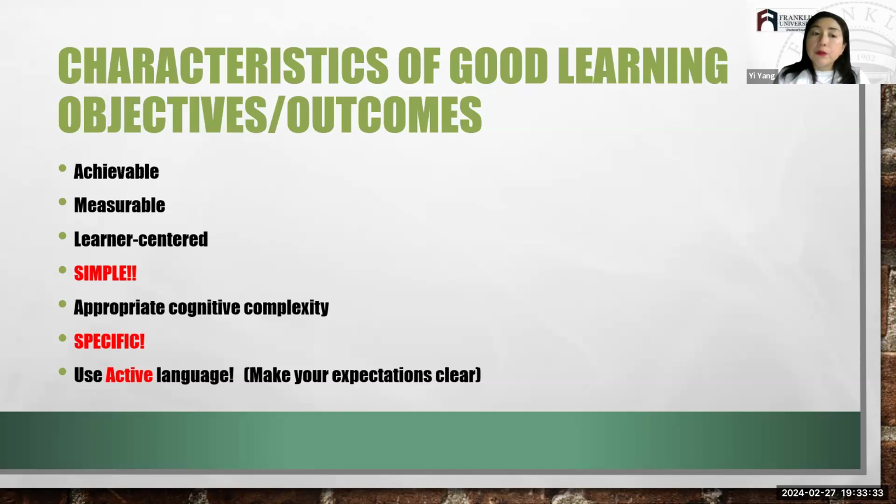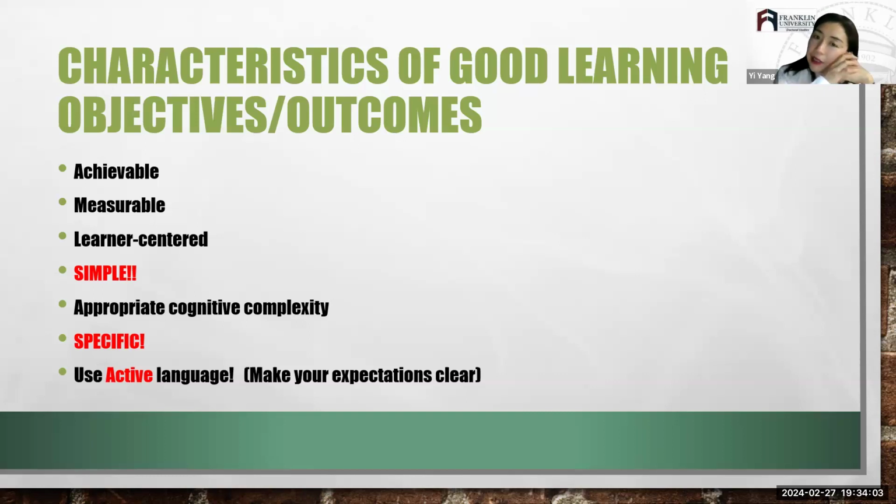So for learner-centered, you will always say, you should be able to do behavior 1, 2, 3, 4, so that your learners will have a better sense: this is something I need to accomplish, or this is something I need to achieve.